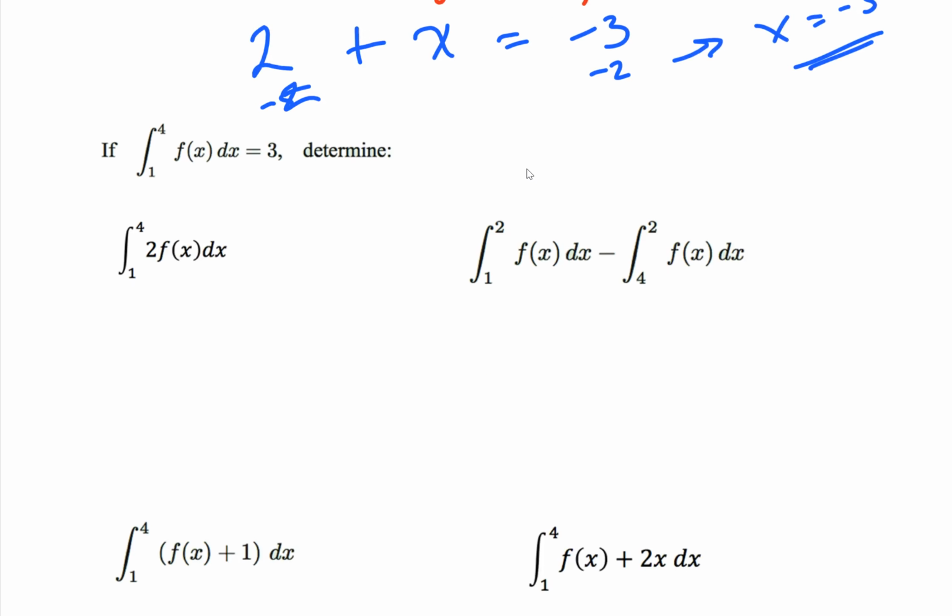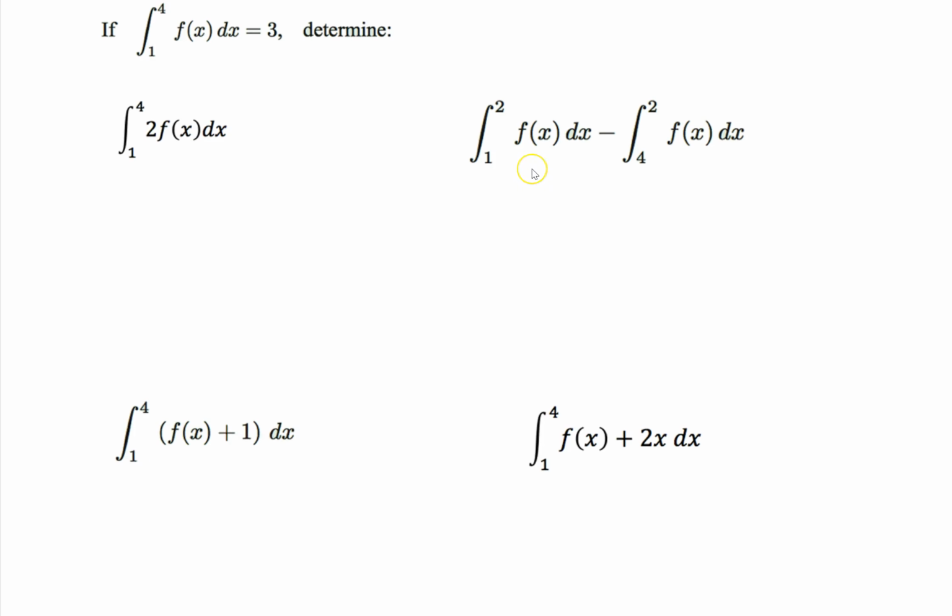This is the next one. This next one's a little more about what IB likes to do. So here's the key. If the integral from 1 to 4 of f of x equals 3, find all these. Look at this first one. Integral 1 to 4 of 2f of x. Well, that 2's not in the original. So let's pull it out because we can do that.